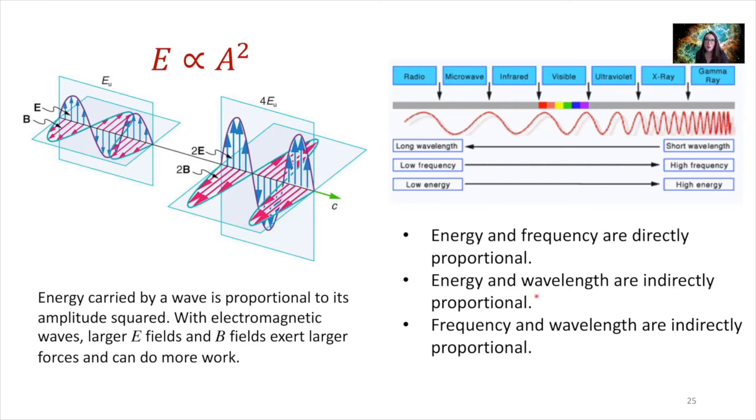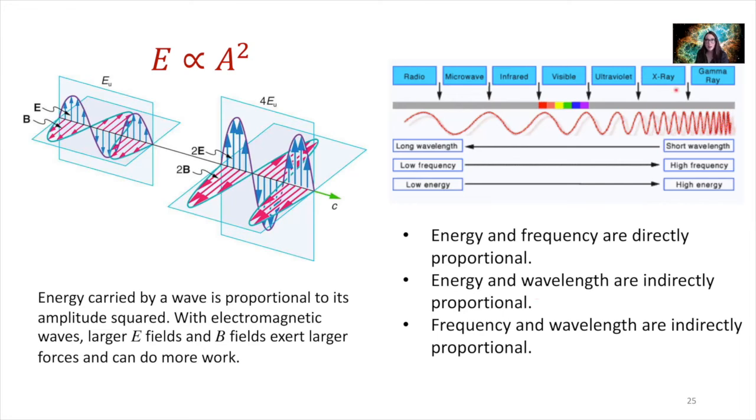So if your wave has a really high energy, it's going to have a shorter wavelength. If your wave has a lower energy, it's going to have a longer wavelength. And frequency and wavelength are inversely proportional. We already talked about that too. If you have high frequency, you're going to have short wavelength. If you have long wavelength, you're going to have a smaller frequency.